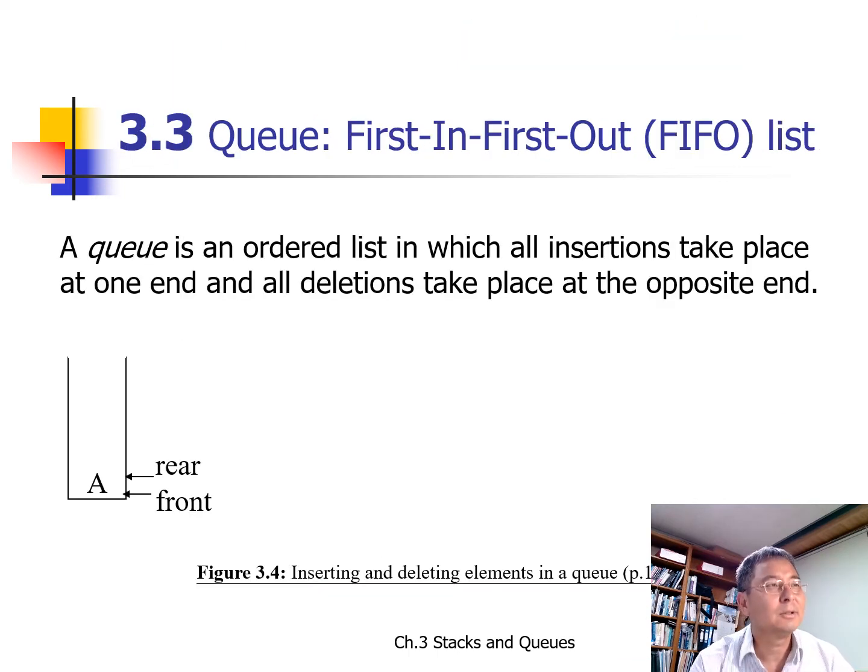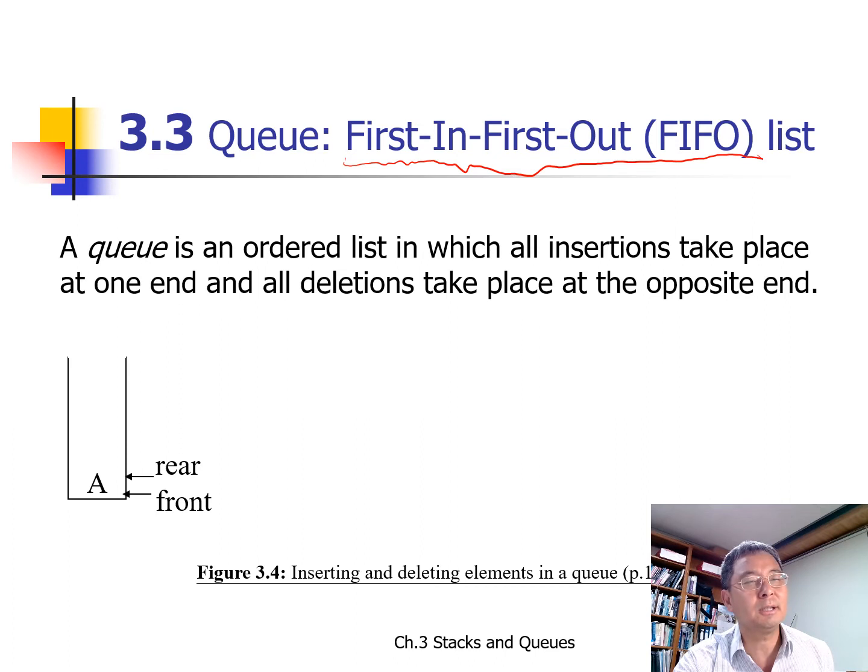Okay, now we can continue to the new data structure, queues. Okay, queue is also very similar to the stack, but the operation in queue is different from stack. So the operation definition is first in, first out.